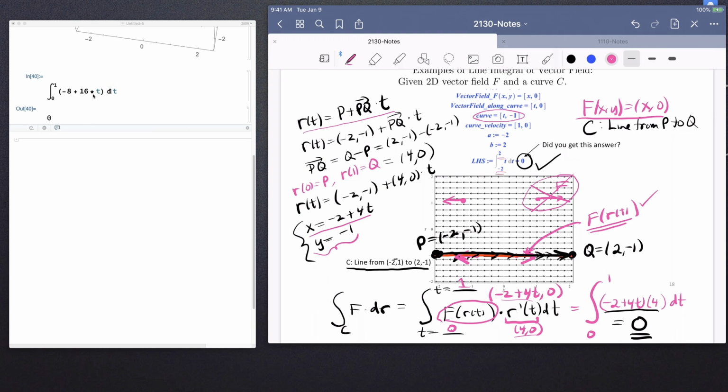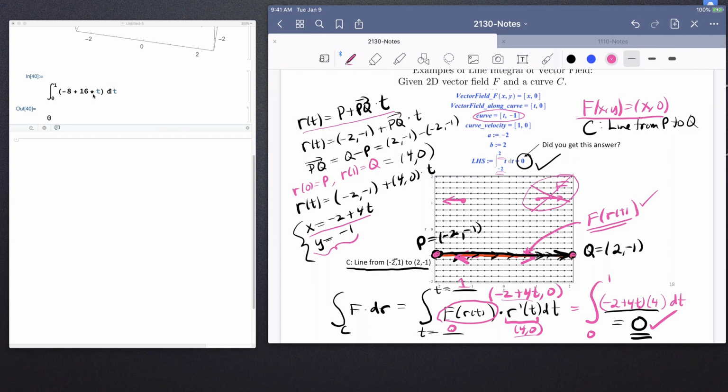So what we're finding is that these line integrals will give you the same answer no matter how you parameterize the curve, which should be a reassuring idea that the answer is not dependent on coming up with the one and only parameterization of the curve from P to Q, because there are an infinite number of those, and we get the same answer no matter which parameterization we pick.